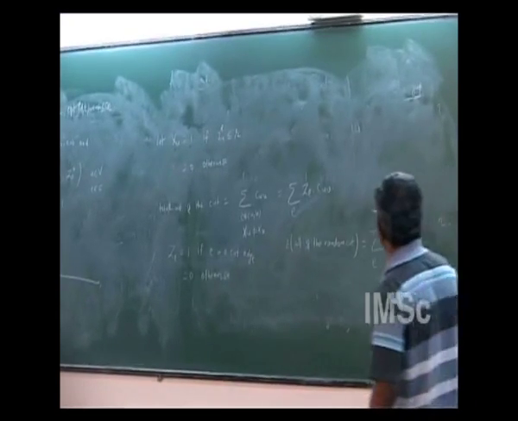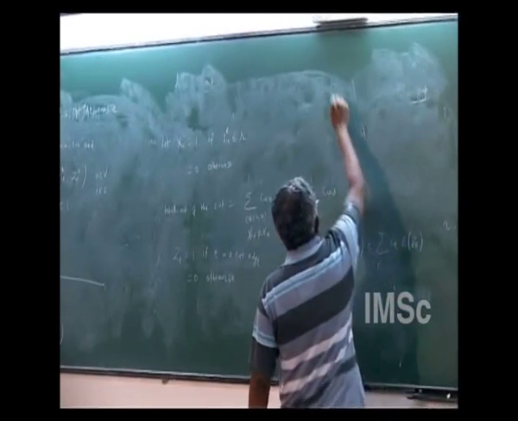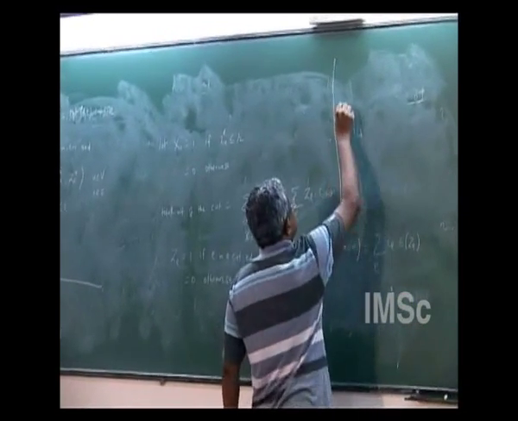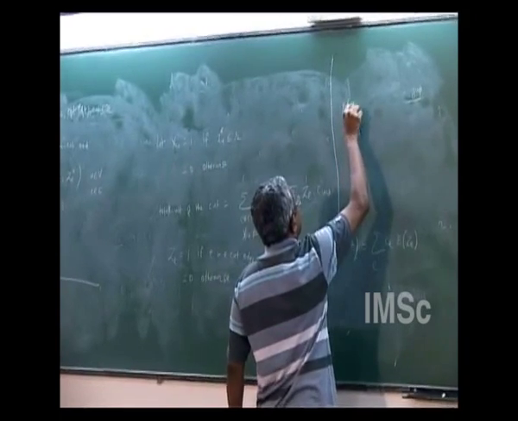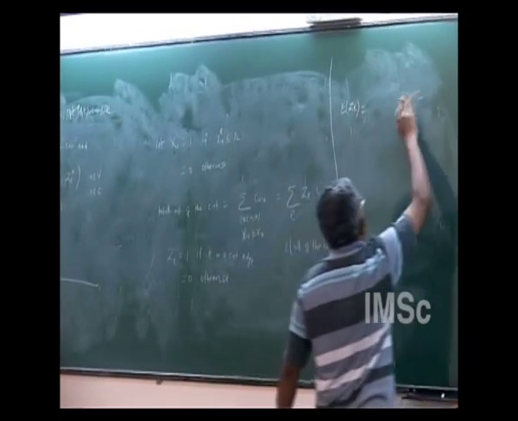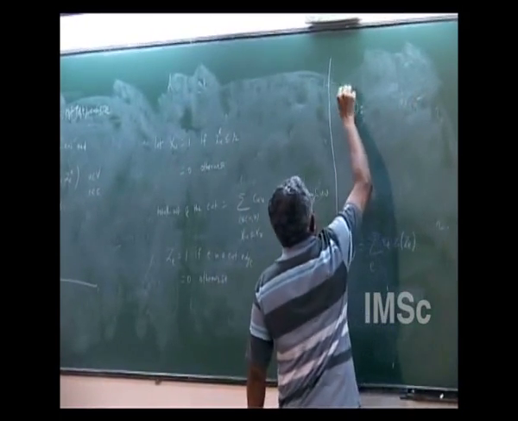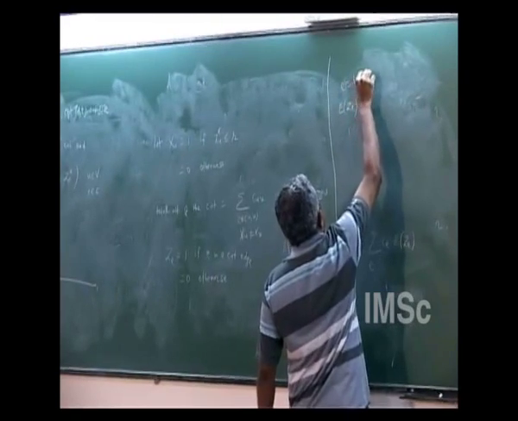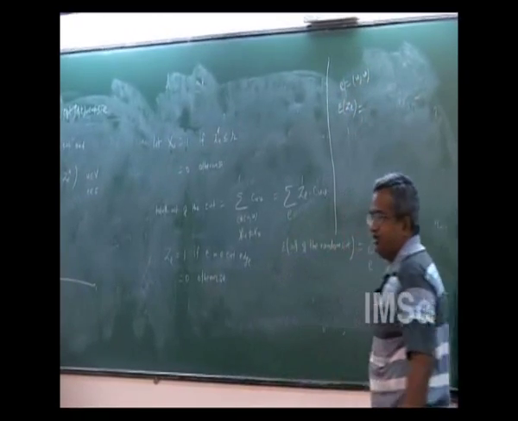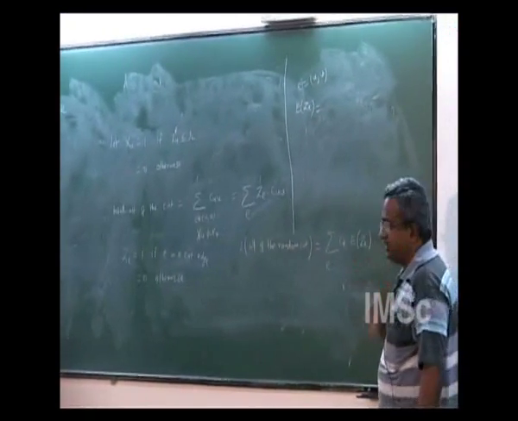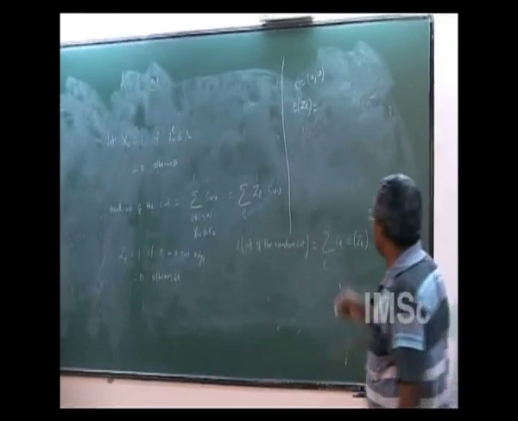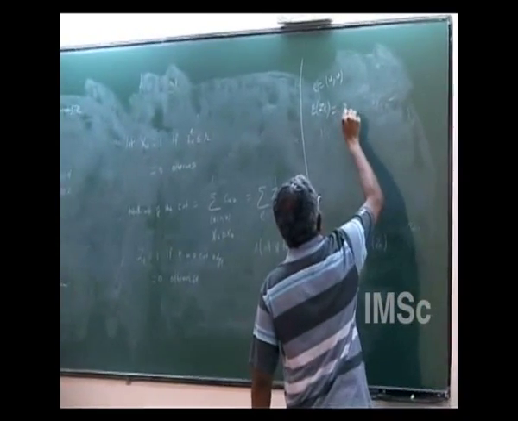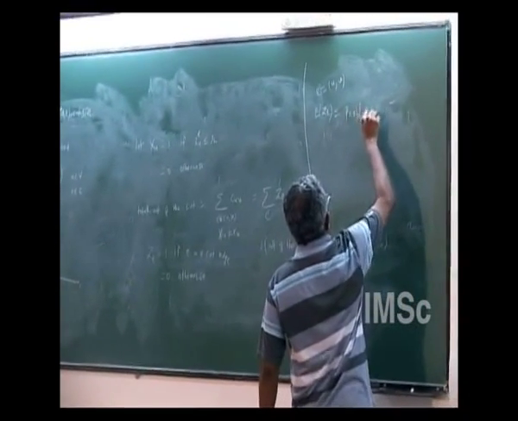Now what is the expectation of Z_e? Suppose e is an edge which joins vertices u and v. Z_e is an indicator random variable, 0 or 1, so its expectation is exactly the probability that Z_e equals 1.